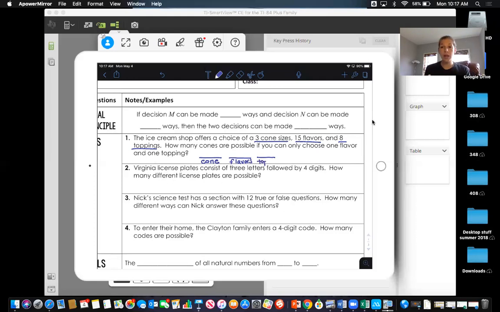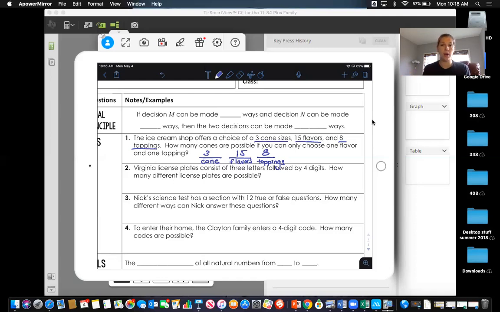Then we look at how many choices we have within each category. Well, it told me that I have 3 cone choices, so I would put a 3 in my slot for cone. I had 15 flavors to choose from for ice cream. And then we had 8 toppings. If we go back up to the definition, it says decision M. In our case, it's more like a category.